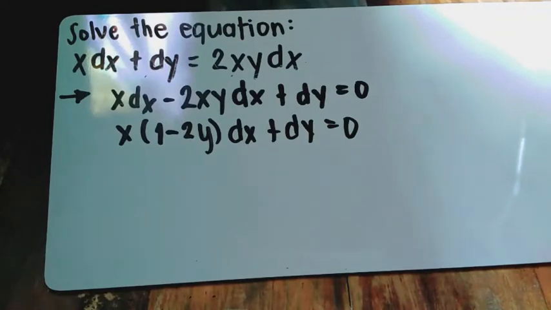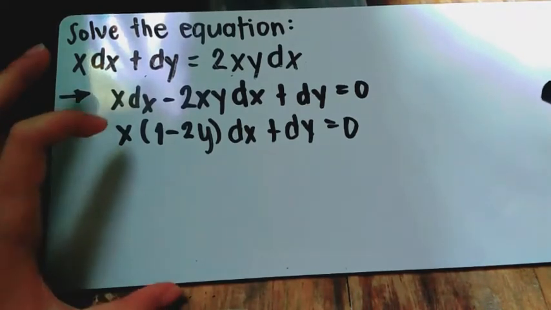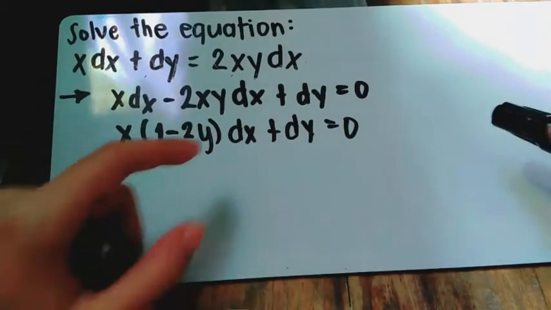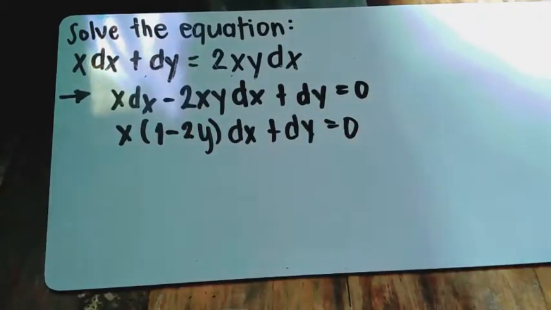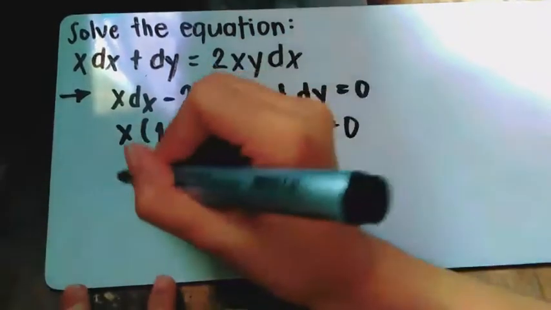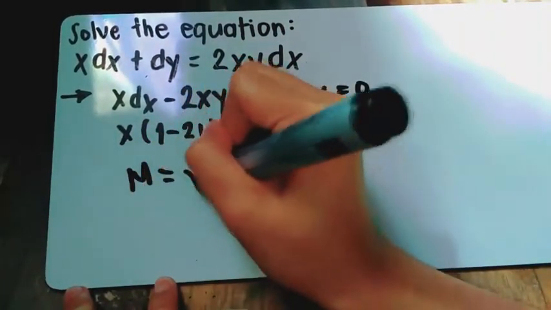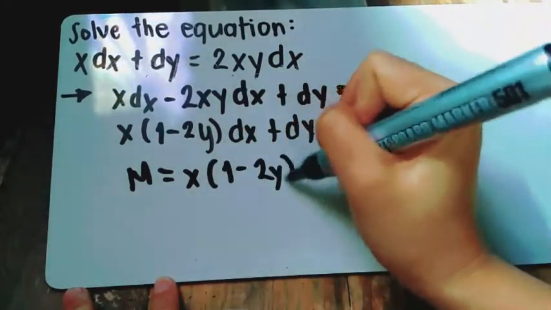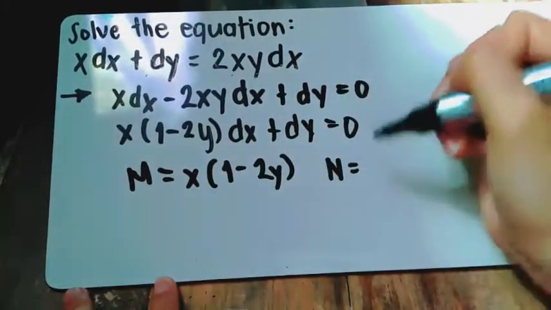Proceed tayo sa second equation. Sa second equation, meron tayo x dx plus dy is equals to 2xy dx. After transposing and integrating, we have x is to 1 minus 2y dx plus dy is equals to 0. Now we can have the m, which is the x is to 1 minus 2y, and the n, which is 1.